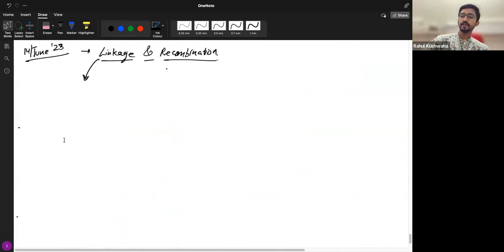But for that, we first have to understand the concept of linkage, which I can call physical association between genes.